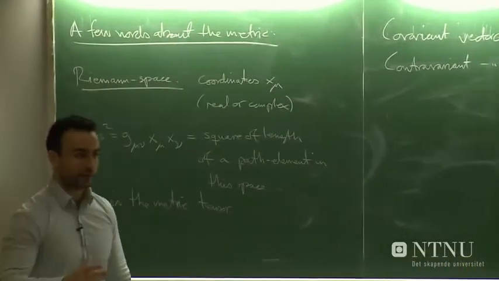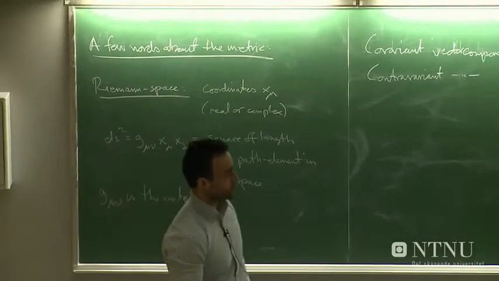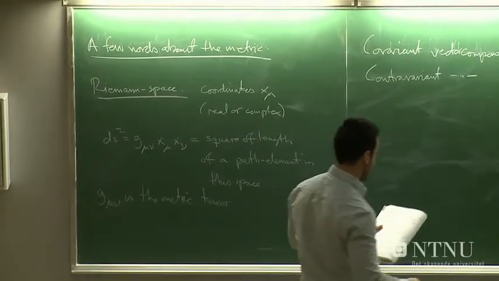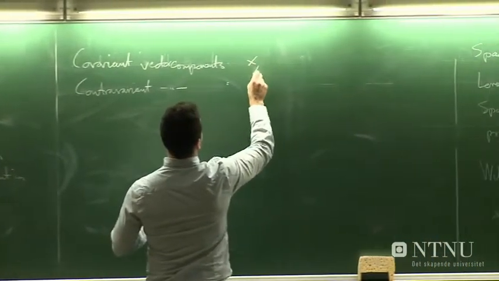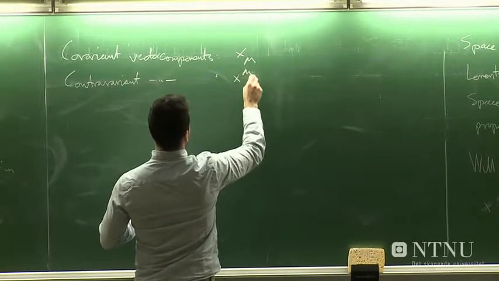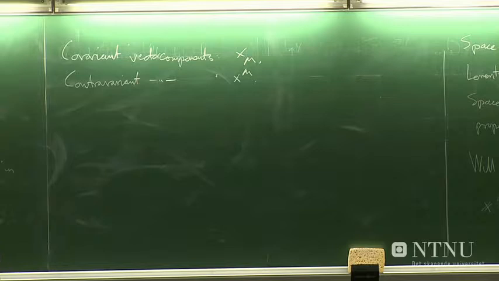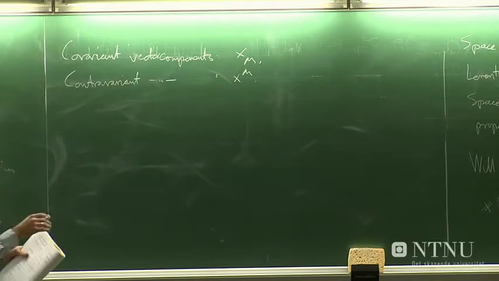And this metric tensor serves a special purpose because it's used to distinguish between covariant and contravariant vectors. And the way we do this in terms of notation is to use either a lowered or raised index, a subscript or a superscript. So the way that the metric tensor relates these is as follows.